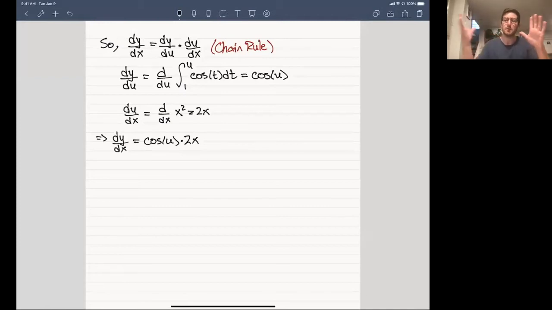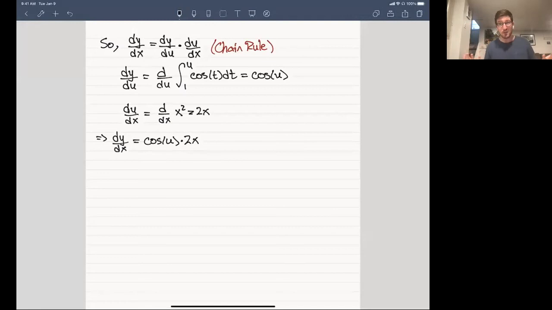But let's think about something for a moment, right? The original problem had no u's in it at all. Nobody asked me about a u, nobody gave me a u, so nobody wants to hear about a u at the end. I put that in there to make my life easier, but a correct answer to this has to get rid of the u's.